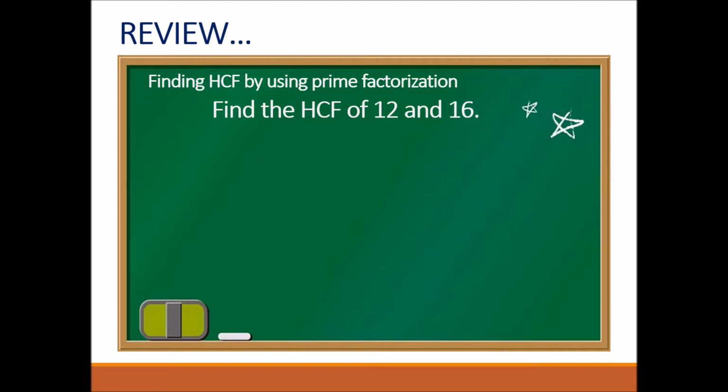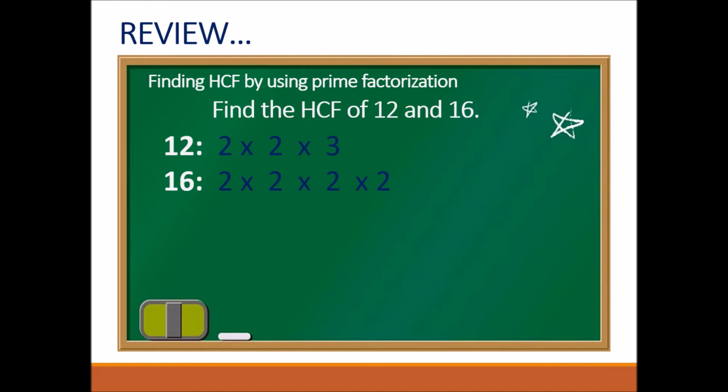First, find the prime factors of 12 and 16. The prime factors of 12 are 2 multiplied by 2 multiplied by 3, and 16 are 2 multiplied by 2 multiplied by 2 multiplied by 2.